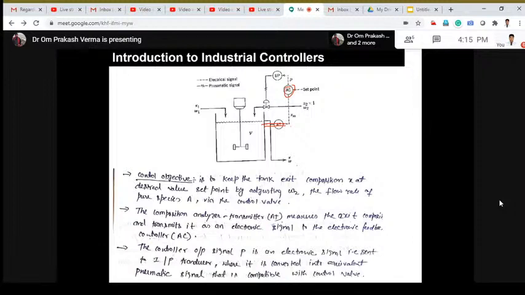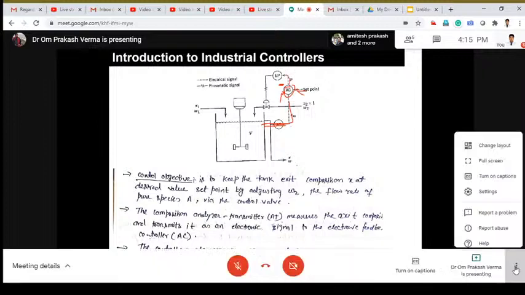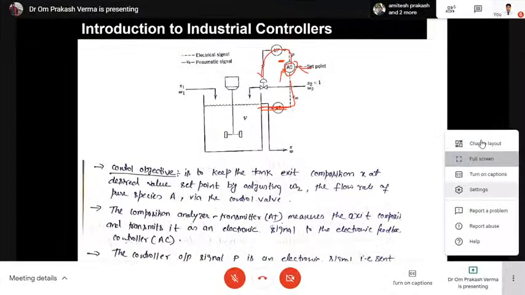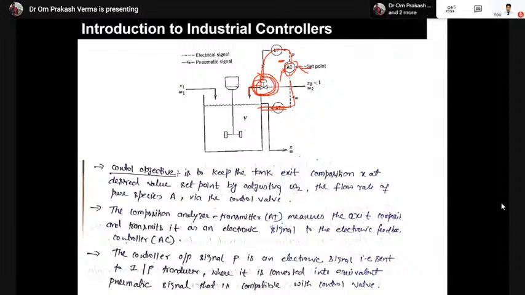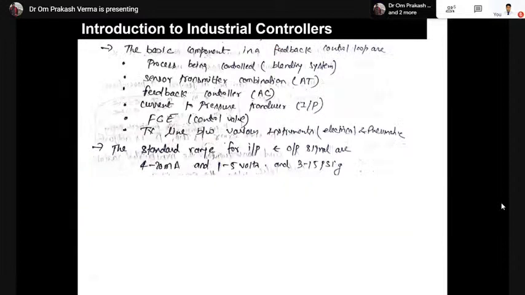As per the measured value and the set point value, it calculates some error, and according to that error the controller sends a signal to a valve, and the valve opens or closes accordingly. This is the basic concept of the automatic controller, and remember, the industrial controller always acts in the feedback path.